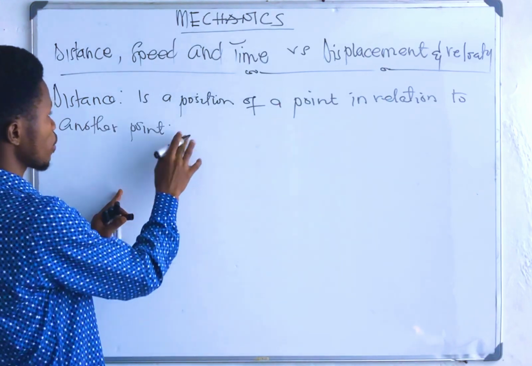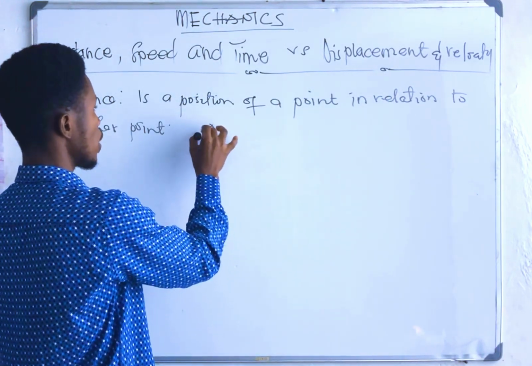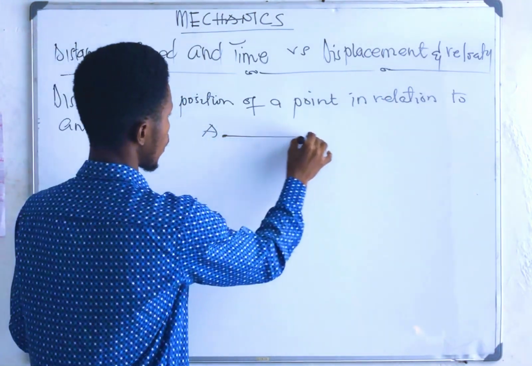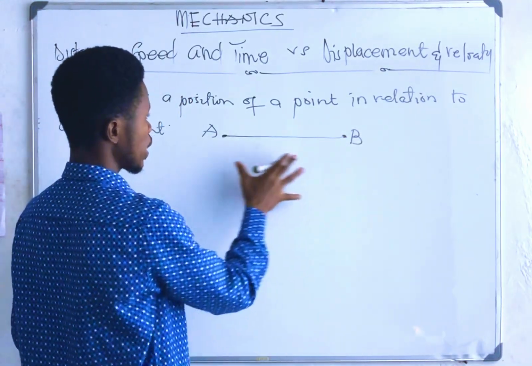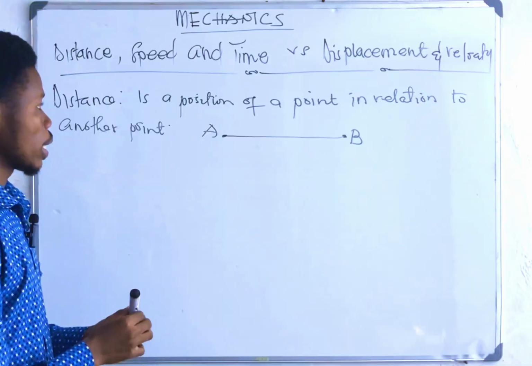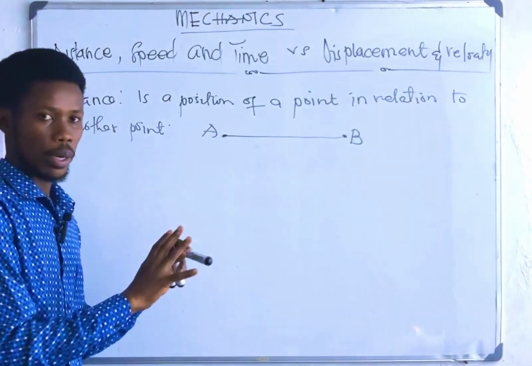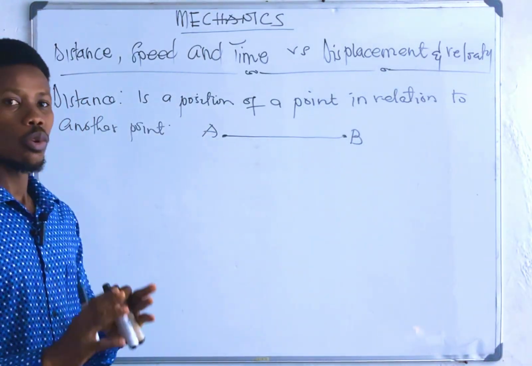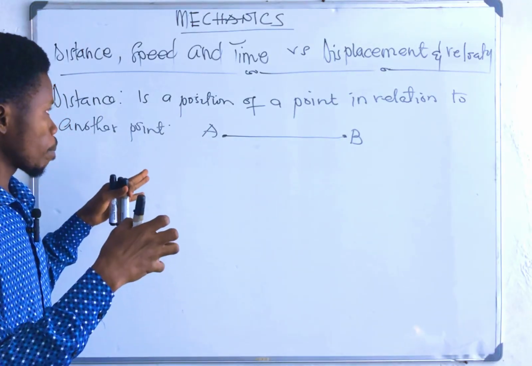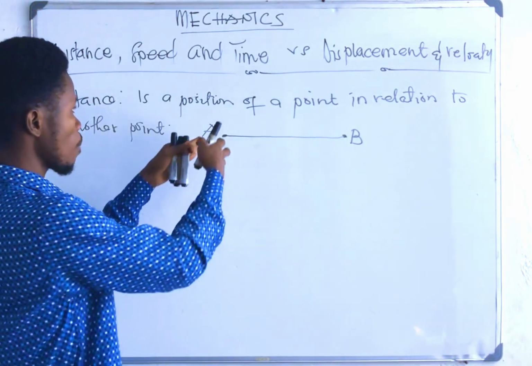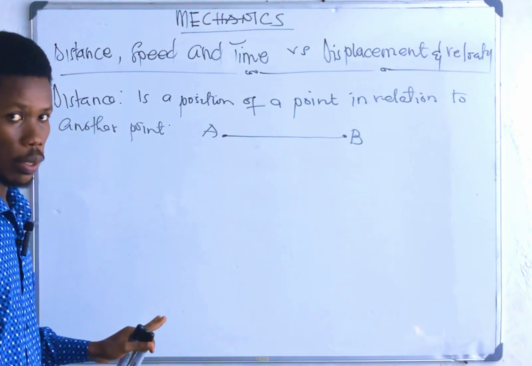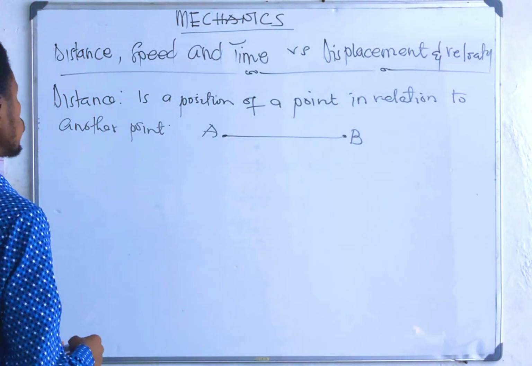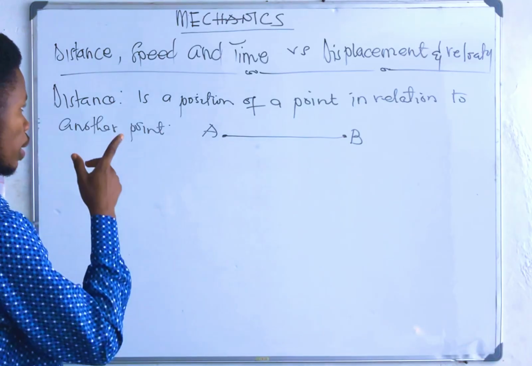So here, let's say I have point A and I have point B. This is the distance AB. We have not talked about direction. The distance is only focusing on the position of one point to another point. That is it. Now let's move on to the displacement.